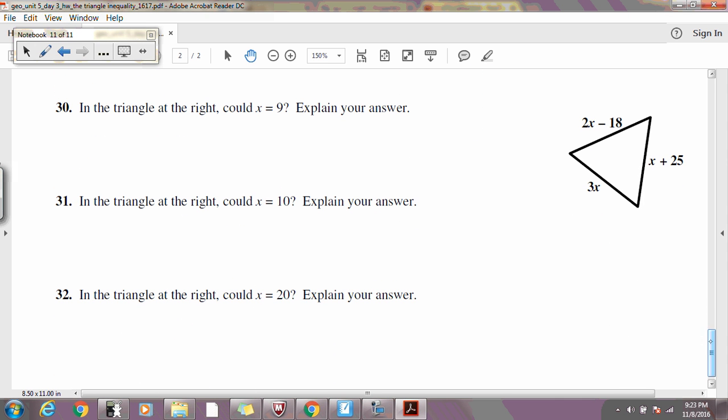And lastly, number 31. Could x be 10 in the triangle at the right? So let's replace all the x's with 10. So that's 2 times 10, which is 20, minus 18 would give me 2. 3 times 10 is 30.